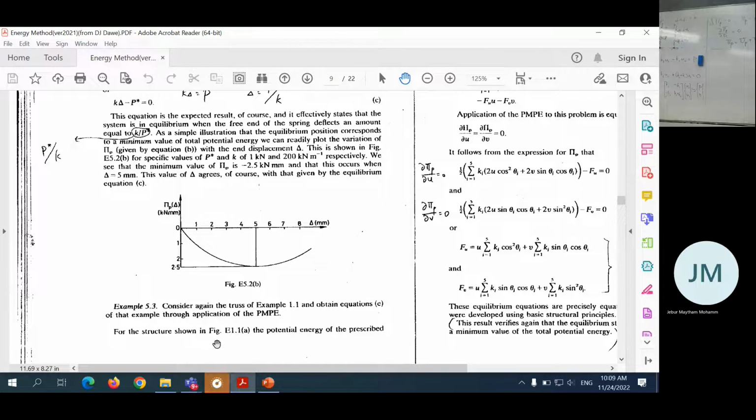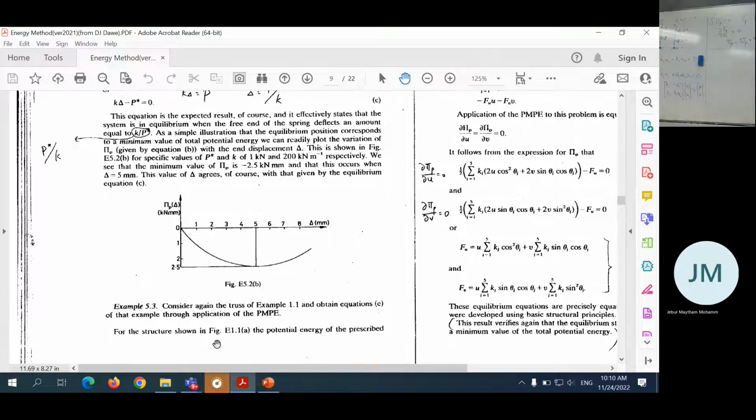So this example illustrates the very concept that the solution that gives us equilibrium corresponds to the minimum value, it makes pi p minimum. This is the purpose of this example. Very simple one, but we show this to you.